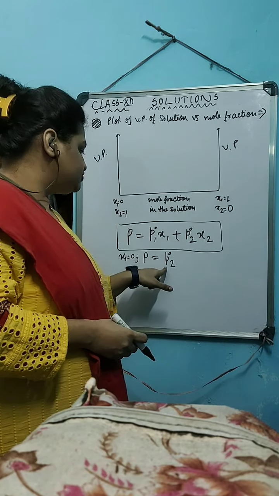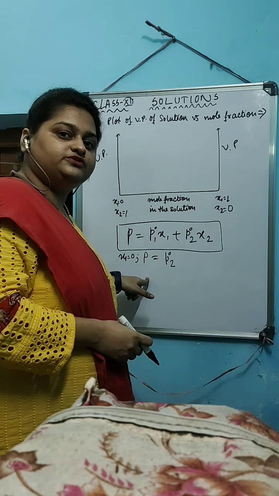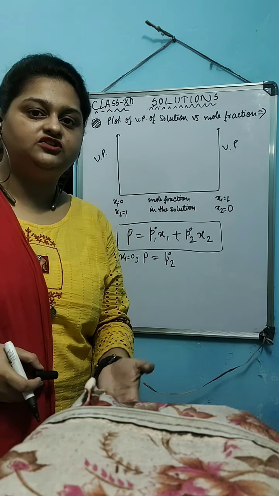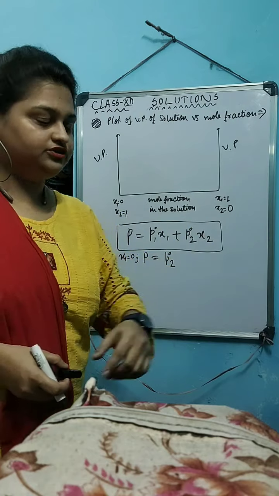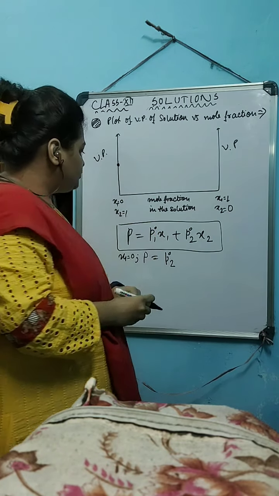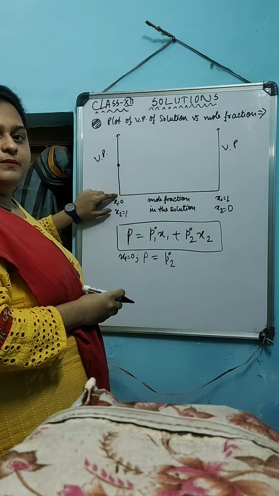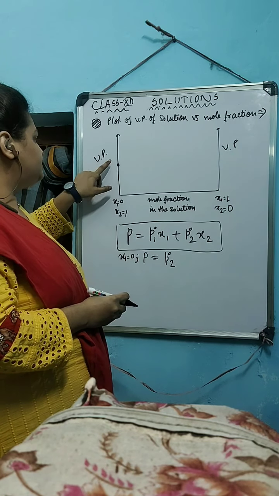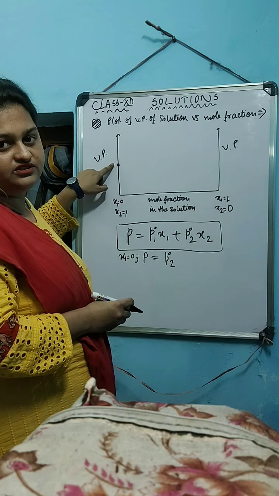So P becomes P2, that is, the vapor pressure of the solution can be represented by the vapor pressure of the solute. Let's say the vapor pressure of the solute is this. So at this point my vapor pressure will be represented on this axis.